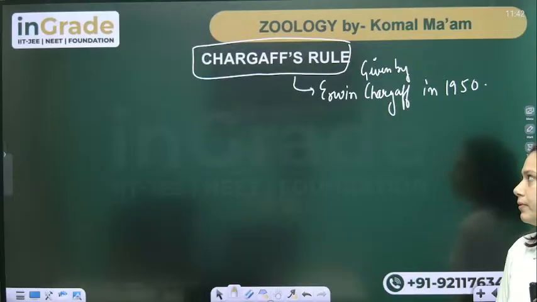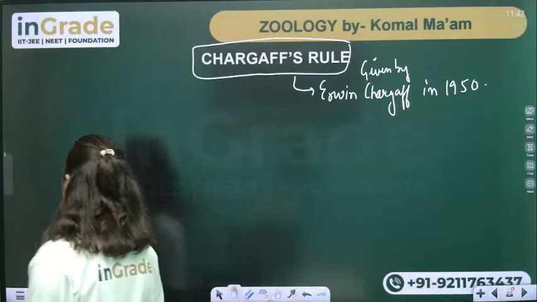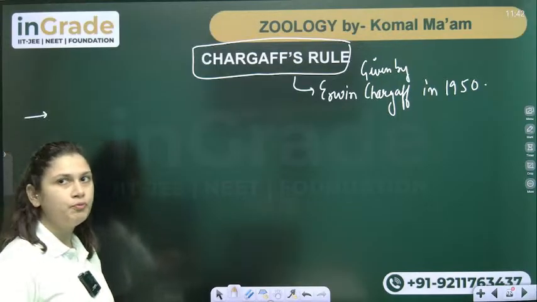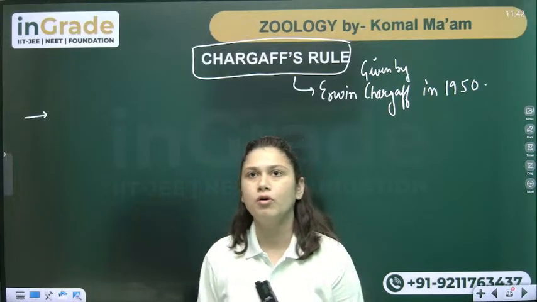What he told is that the amount of purines is always equal to the amount of pyrimidines.